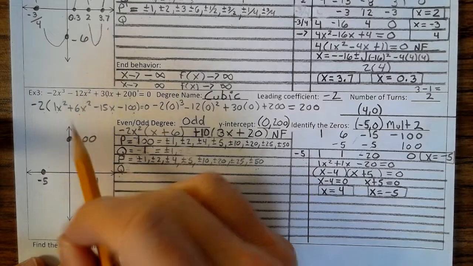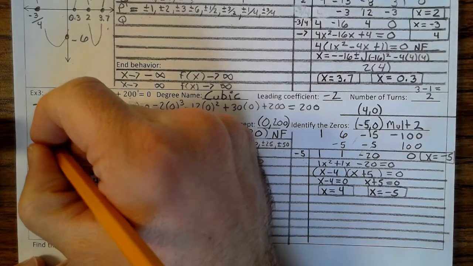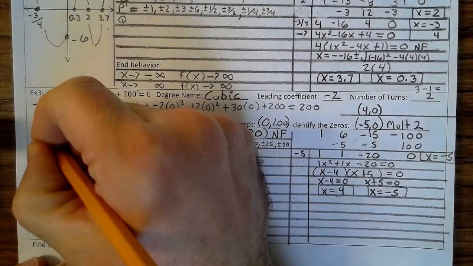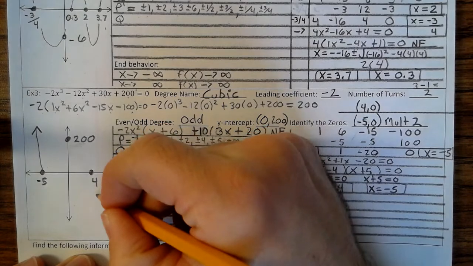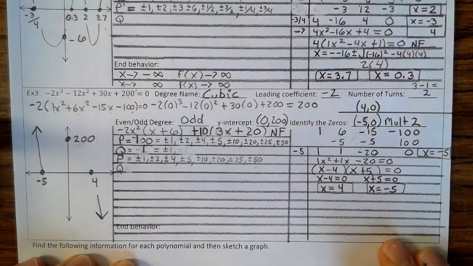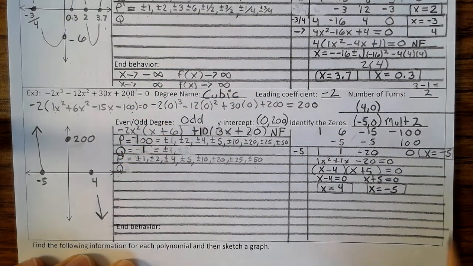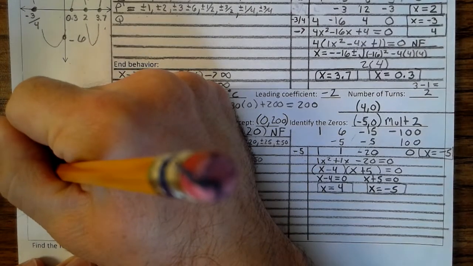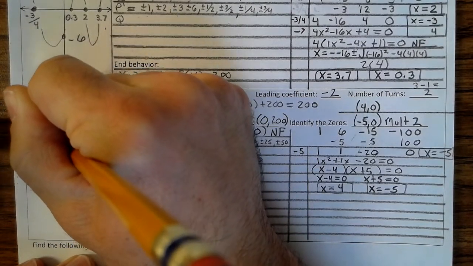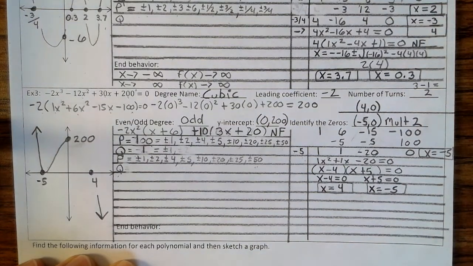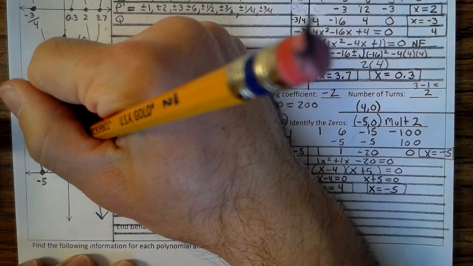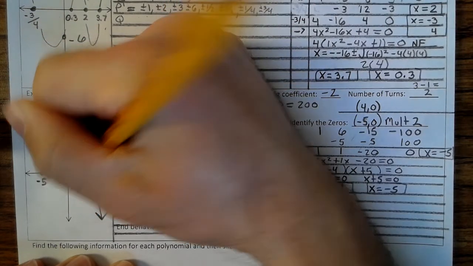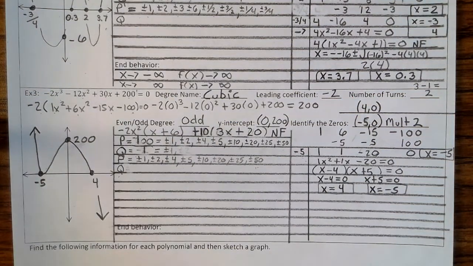Now, we know it's negative and it's cubic, so it's going down from left to right. Now, this multiplicity is important because at this point it touches and turns. Okay? And then it turns back through at 4. Okay?